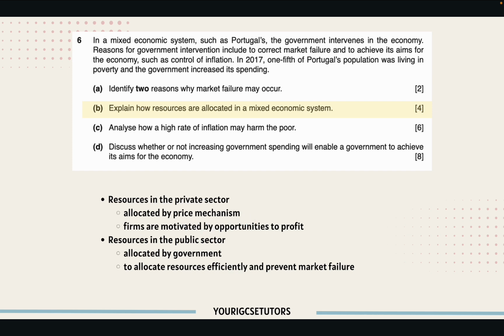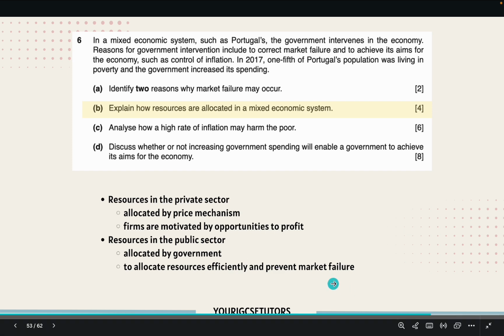These firms are mainly motivated by profit incentives, so they will only provide goods and services that can profit, which may lead to some resources not being provided, and hence market failure. And this is where the public sector comes in, and the government will try to allocate resources efficiently, and they do this in order to overcome market failure.